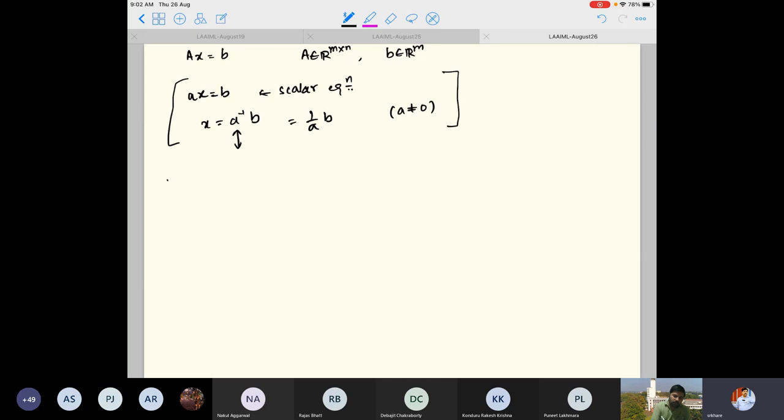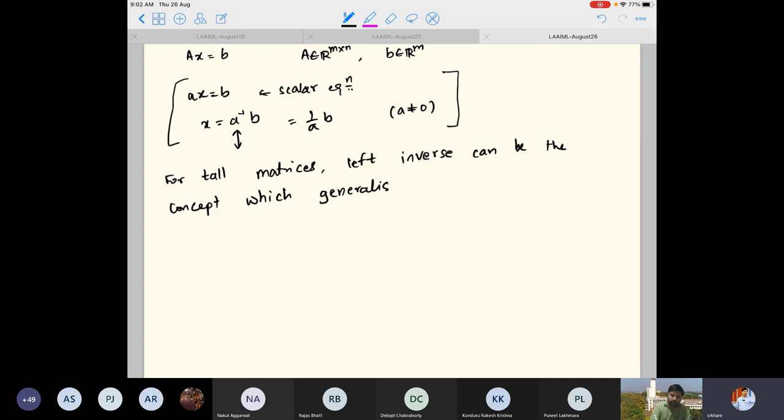For tall matrices, the left inverse can be the concept which generalizes the inverse of scalars.